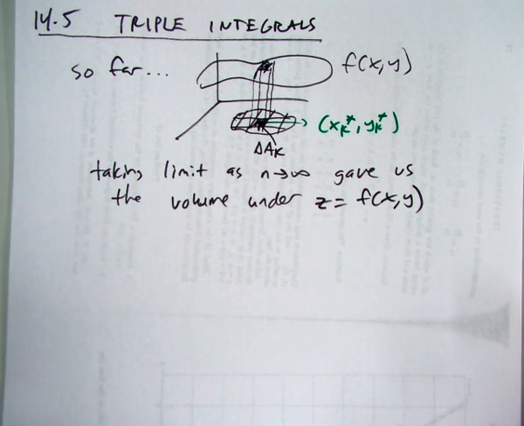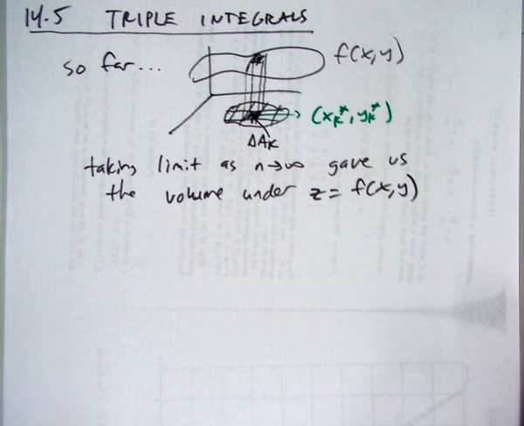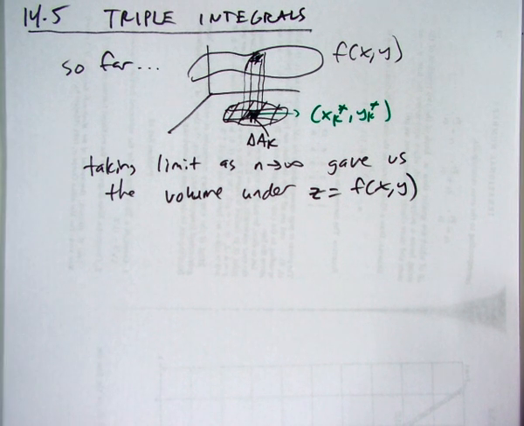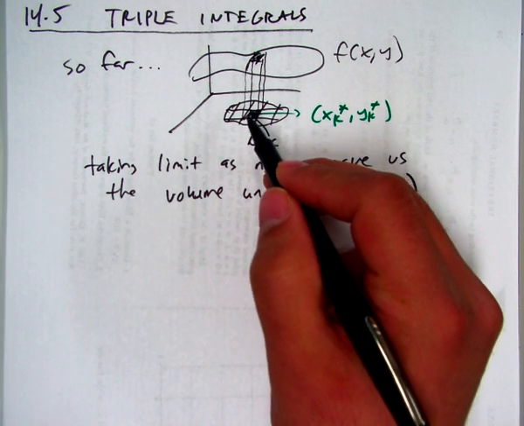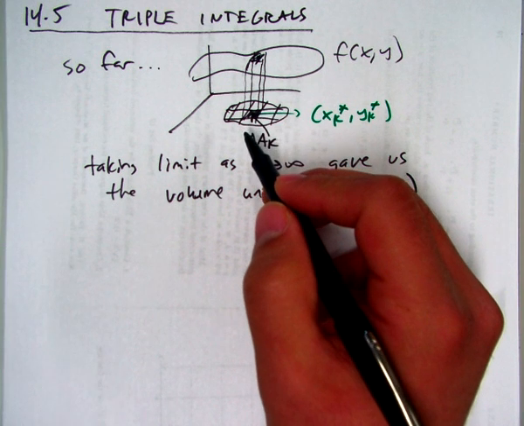We're not going to get into a lot of the details, but we're going to argue that the process is going to be very similar if we were to try to figure out, not having a region that we're integrating over, but having a solid that we're integrating over.